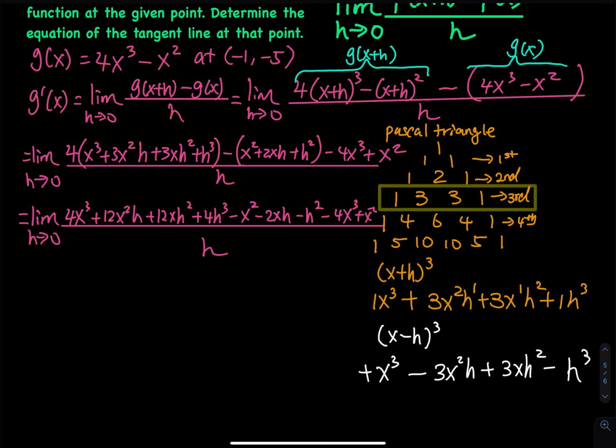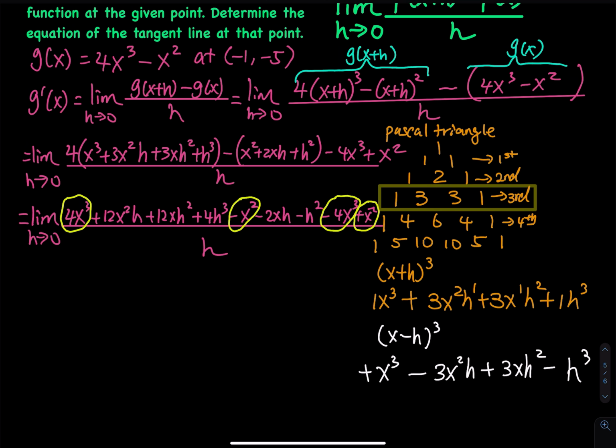So let's do some simplification. I can see that there is a 4x to the third, and then there is a 4x to the third. Also, there is a minus x squared, and then there is a plus x squared. So they got completely cancelled. Anything else? I think that's it.